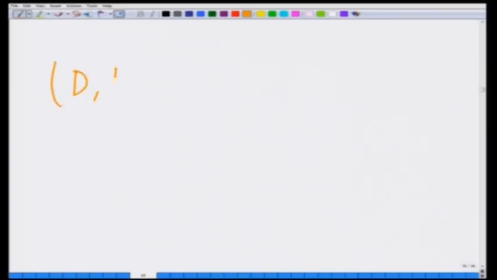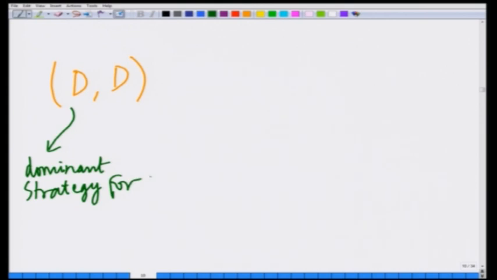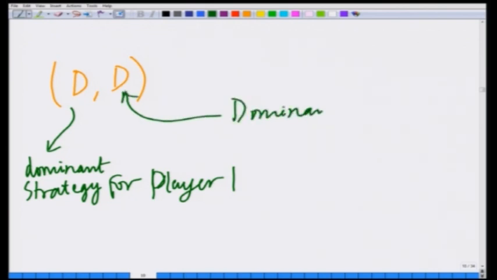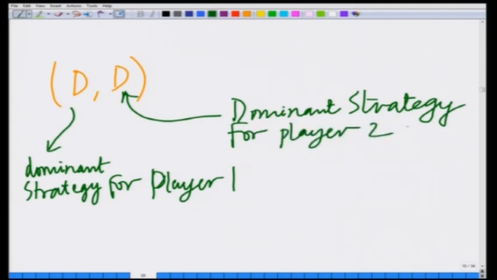So, if you look at D comma D, where D is a dominant strategy for player 1 and D is a dominant strategy for player 2, this is a special kind of Nash equilibrium, which is formed from a combination of dominant strategies.